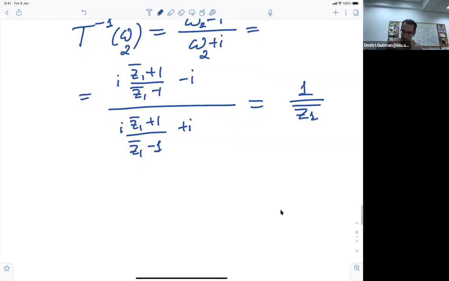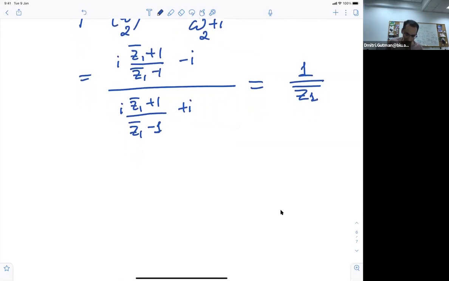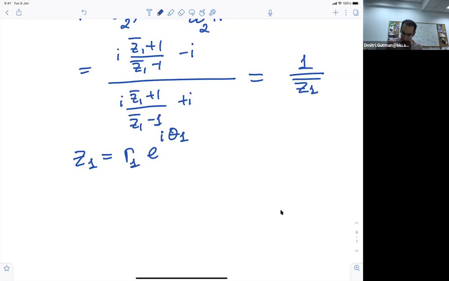Now, what does it mean geometrically? If I think about the complex number Z1 as its absolute value, let's call it R1, and a phase theta 1, then this point will be 1 over R1 e to the power minus I theta 1, because it's a complex conjugate.